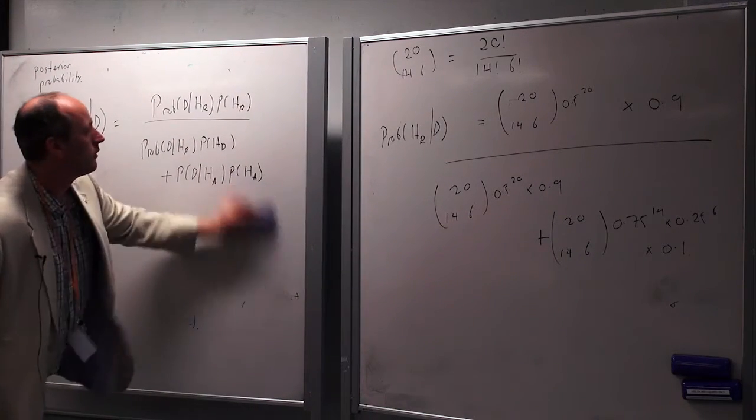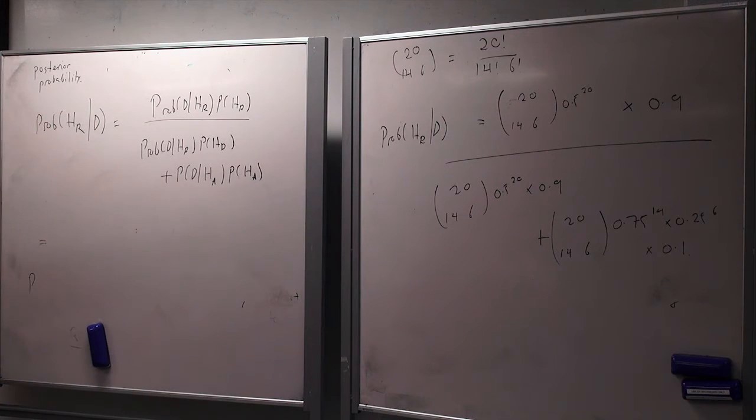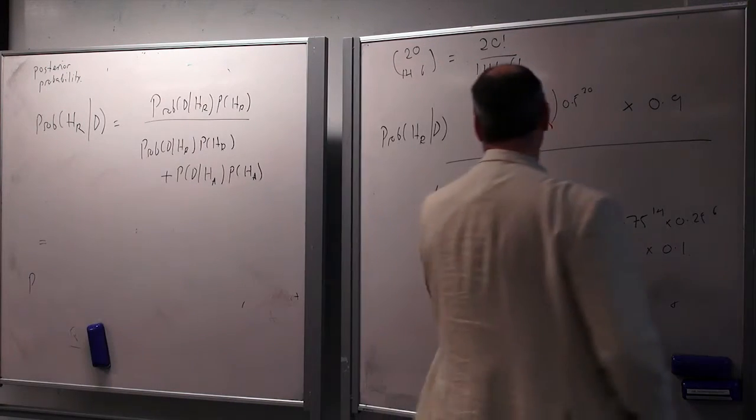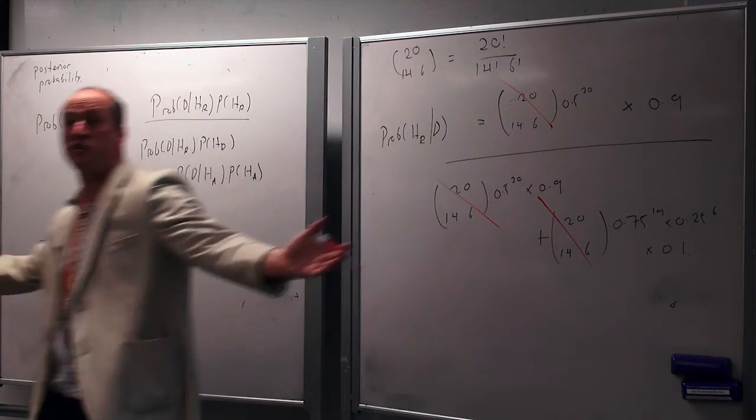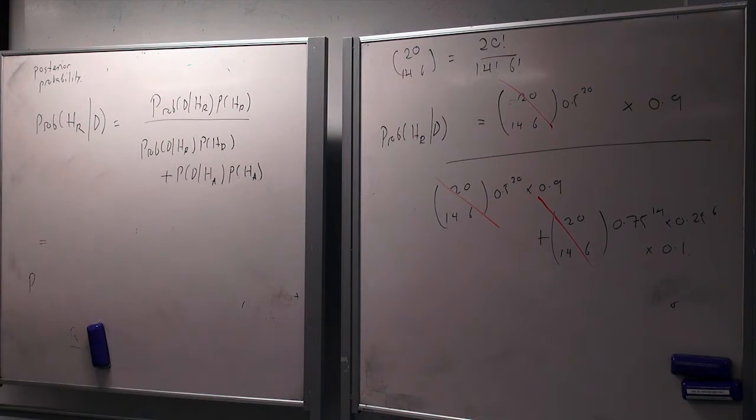We can cancel out the combinatorial term. It just cancels out from everywhere. I'll use red to cancel it out. That makes things a lot easier. Nice, isn't it? So what have we got left?